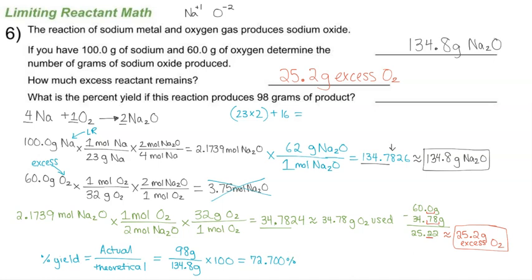Our value on top has 2 sig figs and the bottom has 4, so I'm going to round my answer to 2 sig figs as well. So this is going to be approximately 73%. And we will fill in that last blank, 73% yield. And we've answered all the components of this question. We're done.